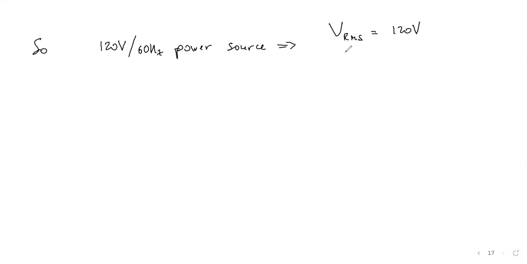It's a kind of a small agreement. So 120 volt over 60 hertz power supply means that my VRMS is 120 volt and the frequency is 60 hertz.